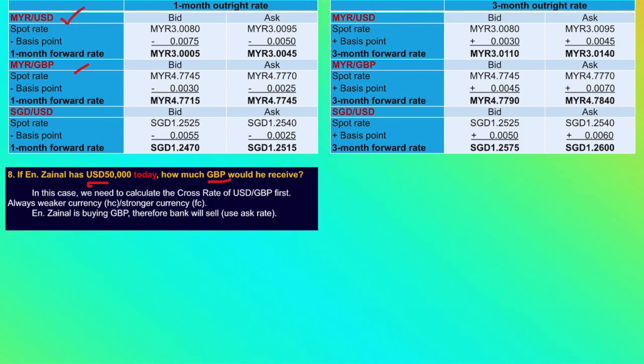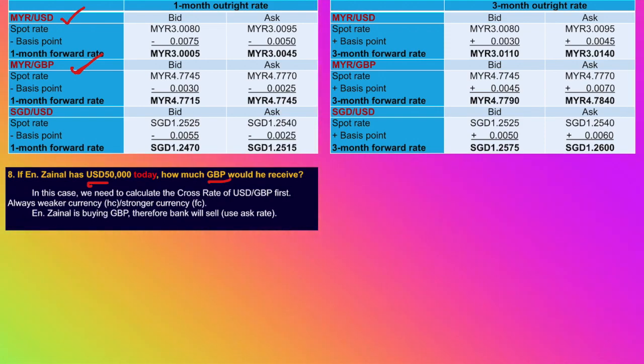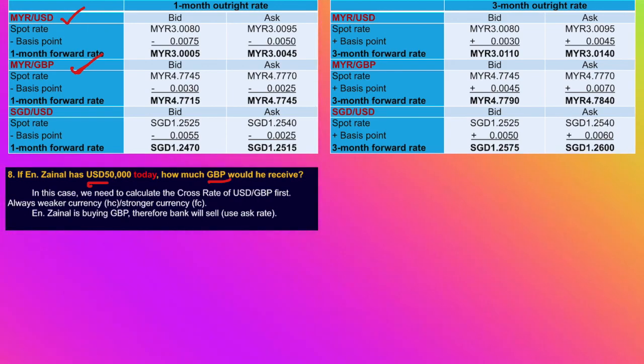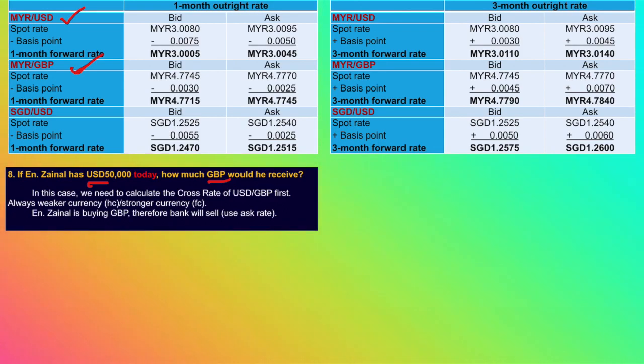We have Malaysia per USD and Malaysia per GBP. So here we will have the money unit side. Okay, cross rate for USD GBP.